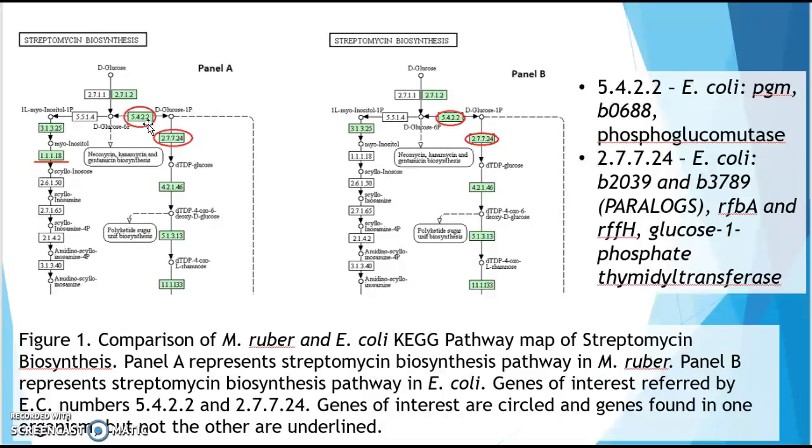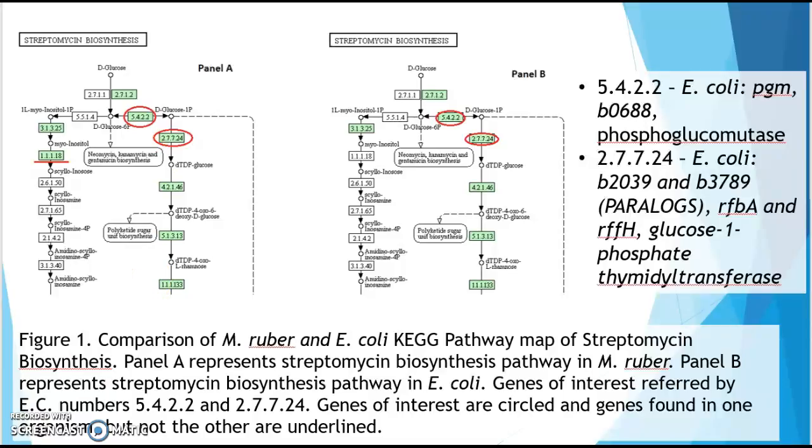The fact that these KEGG pathway maps show these EC values in the same exact places on these maps is the first suggestion that the Myothermus ruber genes and the E. coli genes are orthologous to one another.